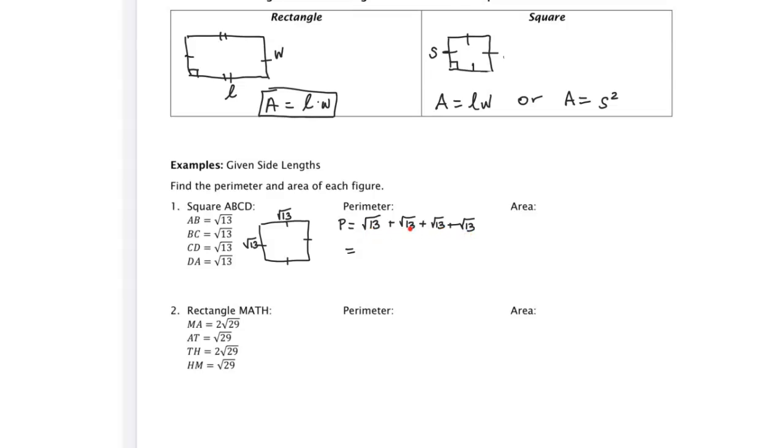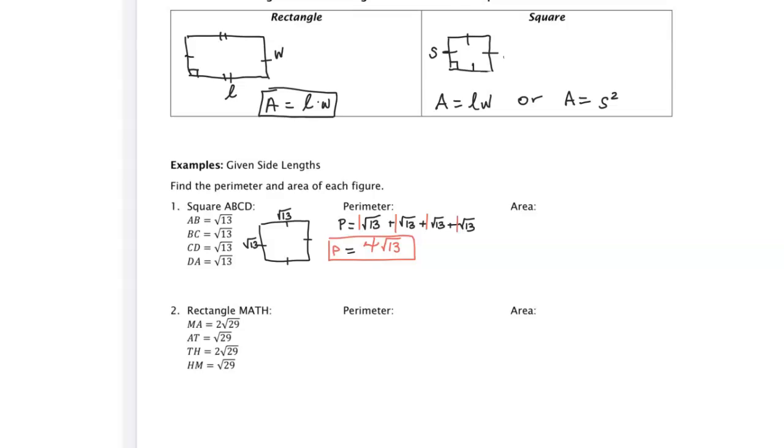They are all the square root of 13, so that allows us to add them up. And when we're adding them up, we'll be adding the coefficient that's in front of them, a 1. This will give us 4 times the square root of 13, or 4 root 13. And that's our perimeter for our square.